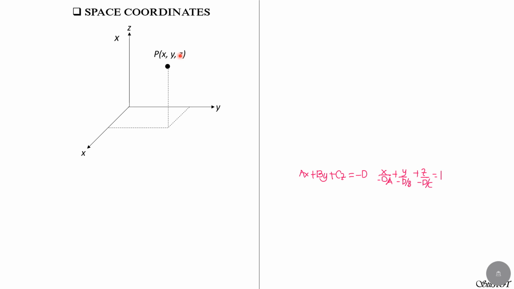And the line joining the origin to that point, the length of the line, is denoted by capital R, and that R makes an angle with each of the coordinate axes, respectively theta x, theta y, and theta z. So you have to recall your background, or experience, in statics.